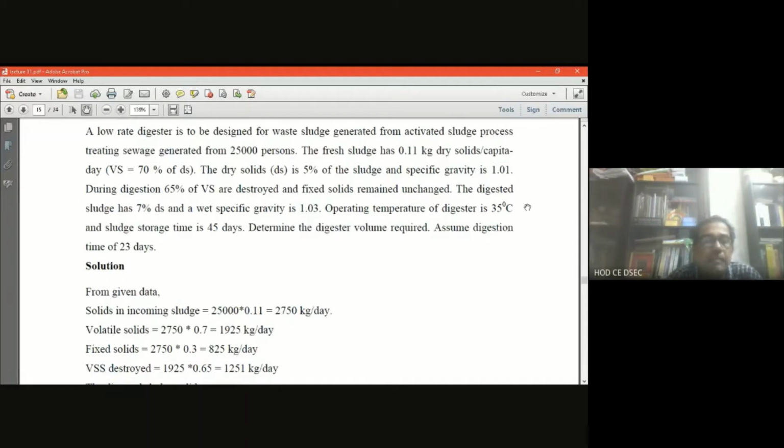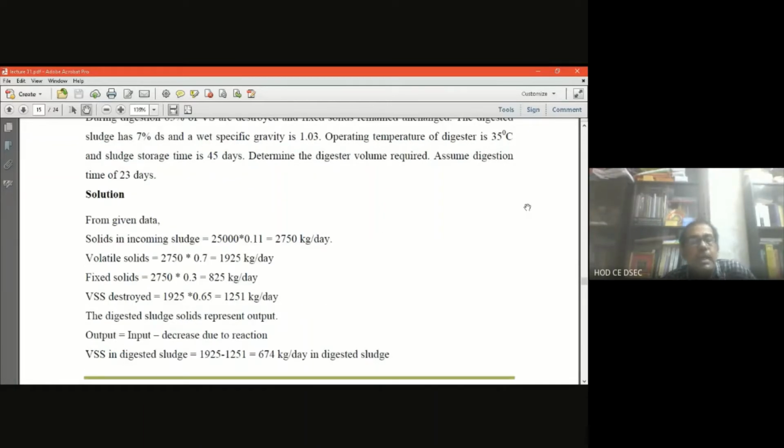So what is the destroyed portion? If the amount of volatile is 1925, the destroyed portion of the volatile is 65% of 1925, that is 1251 kg per day. So what is the output, the digested sludge solids?